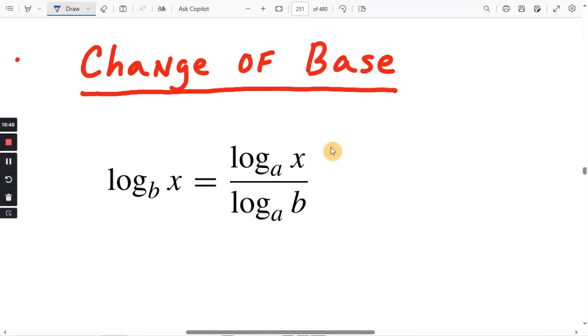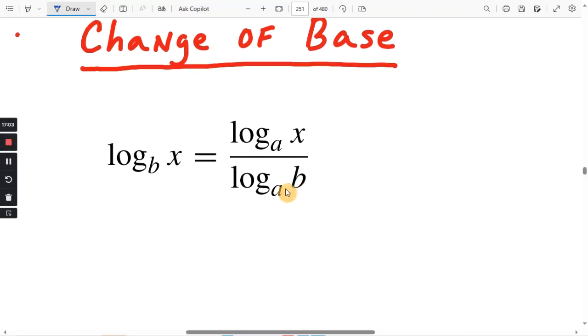All right, this will be the change of base formula. If you have log base b of x, that equals log base a of x divided by log base a of b. Now, there's a couple things to remember here. The base in the numerator and denominator can be anything you want, but they must match.